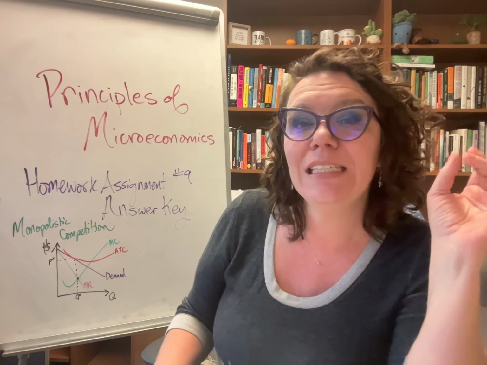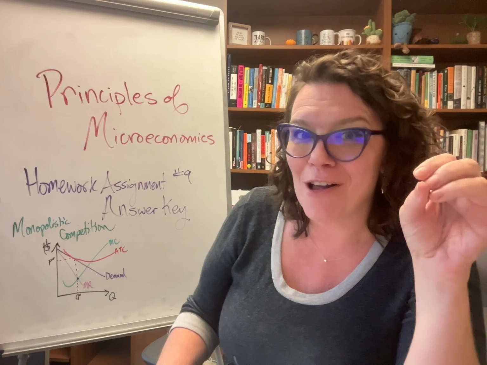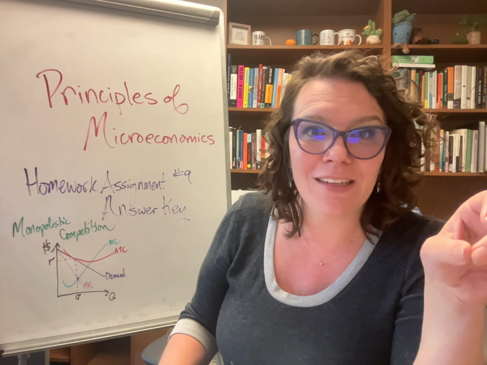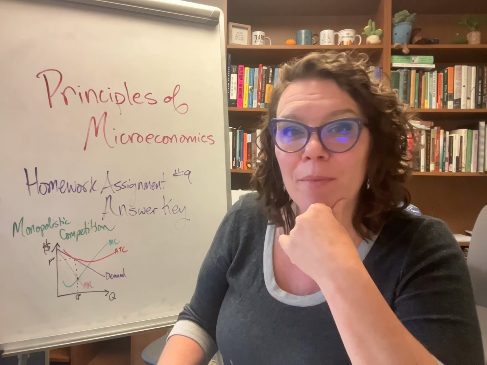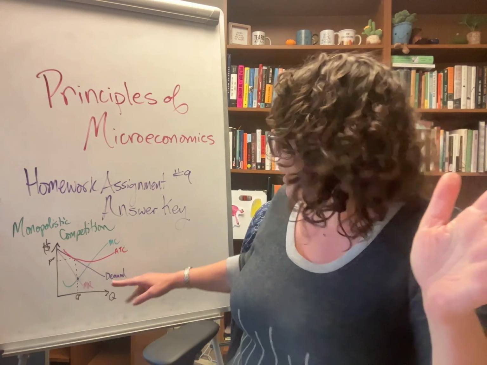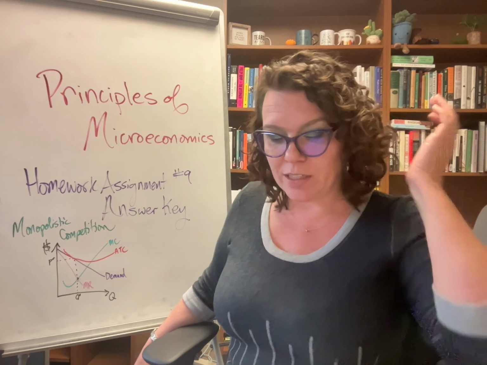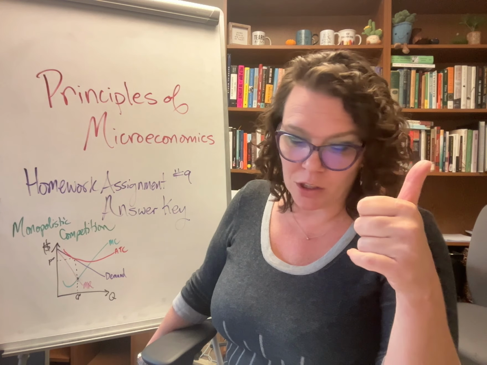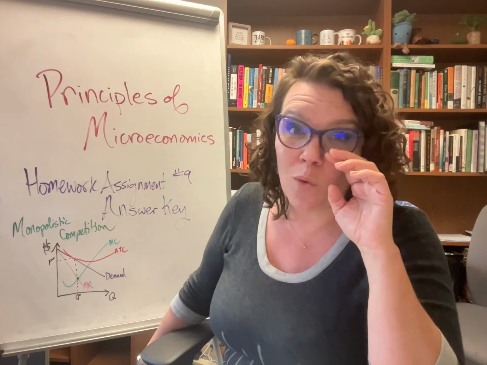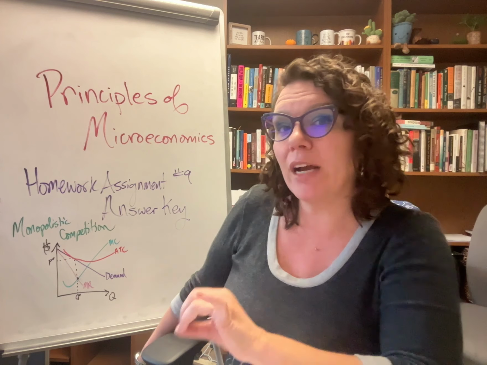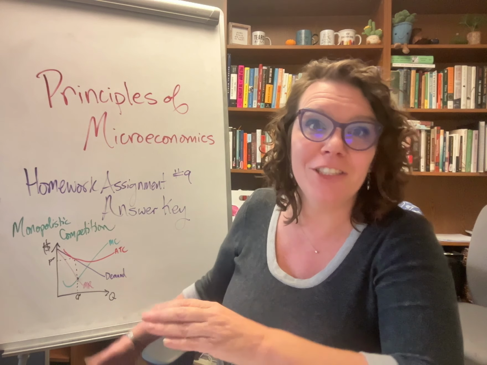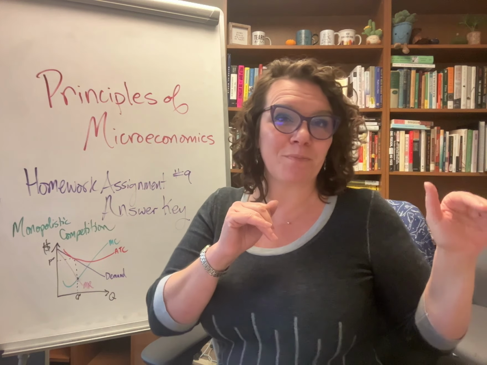And so we can see economic profit in the short run in monopolistic competition, just like we could in a monopoly. We can also see losses, and that's going to just depend on where that average total cost curve is. We see a markup on price above marginal cost, and we're going to see quantities tend to be lower and prices tend to be higher in monopolistic competition, just like a monopoly.